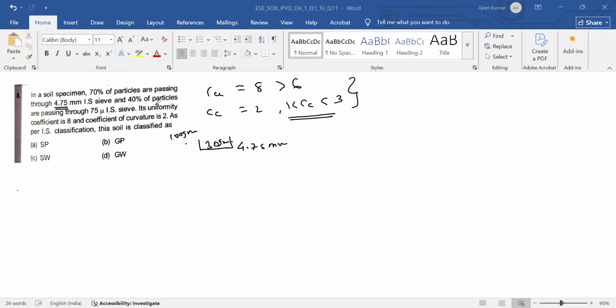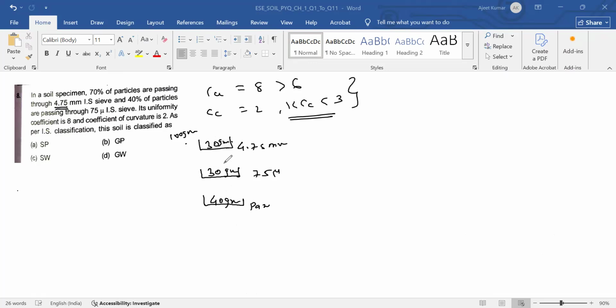And 40% of particles are passing through the 75 micron sieve. If this is the 75 micron sieve and this is the pan, then 40% of particles pass through, so this is 40 gram. The remaining will be 30 gram. The total is 100 gram.